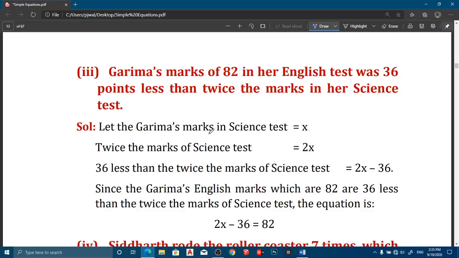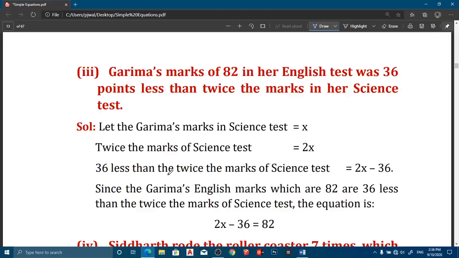So let Garima's marks in the science test be x. So twice the marks of the science test is how much? It becomes 2 times x. From these marks, if you subtract 36, this is 36 points less than these marks, which is equal to 82, given. This is nothing but the marks in English.